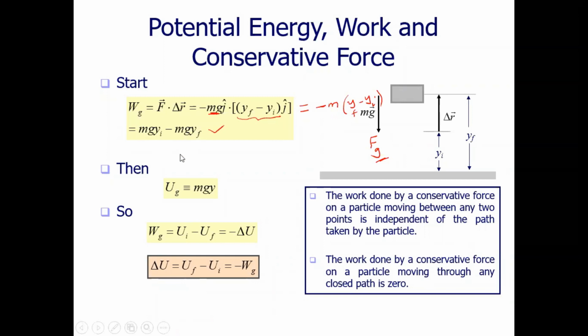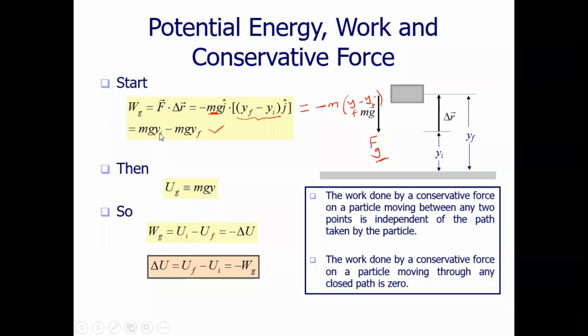Now, remember again from your first year course that mgy is basically just the potential energy. Remember mgy or mgh. In this case, y is synonymous to h, the height. So the potential energy, we denote it by the letter U. So the potential energy, which is gravitational, is given by mgy.